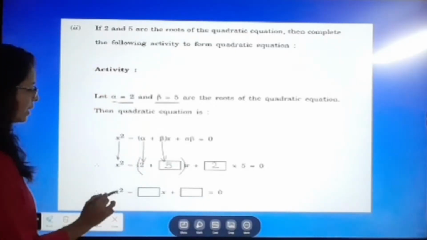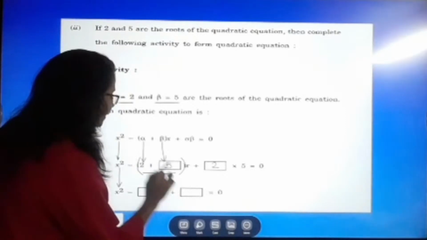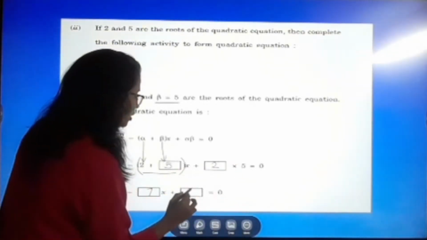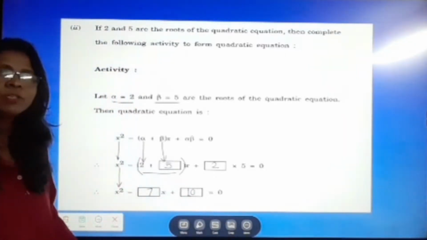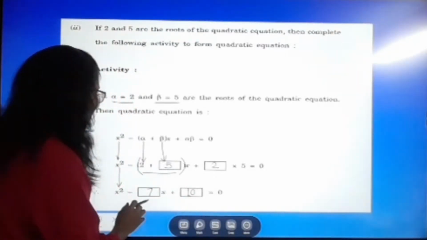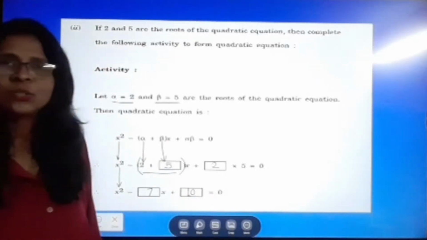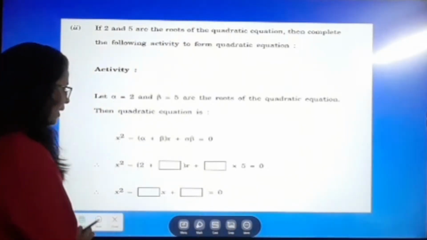So here students, x square minus the addition of these two, so 7x plus the product of this, that is 10. Okay students, bus. So the final answer is x square minus 7x plus 10 is equal to 0. Yes students, very nice. Solve करा, माझ्यासोबतच example solve करायचे आहे.